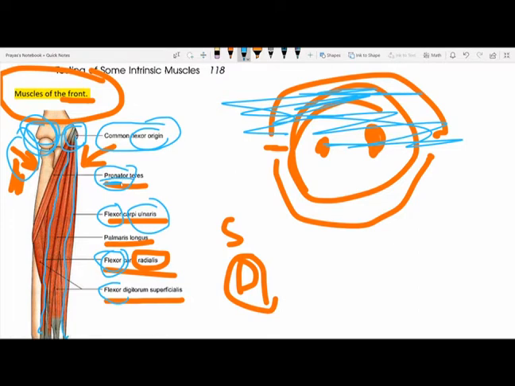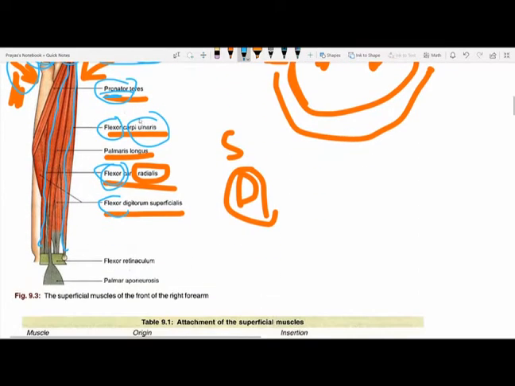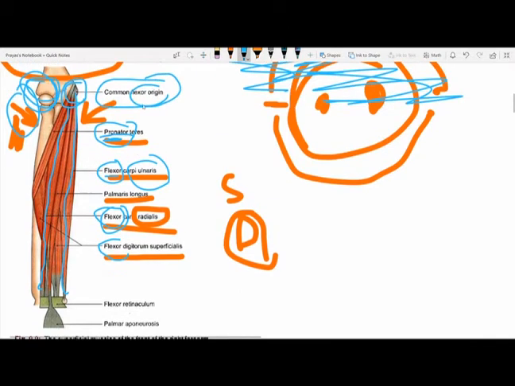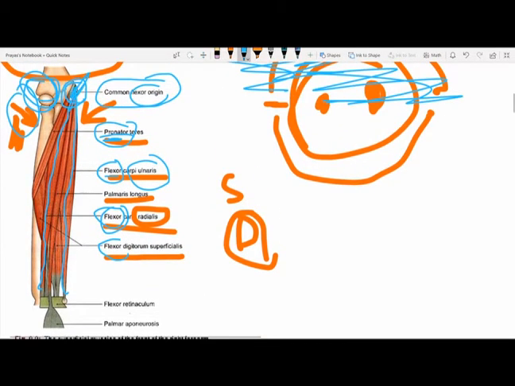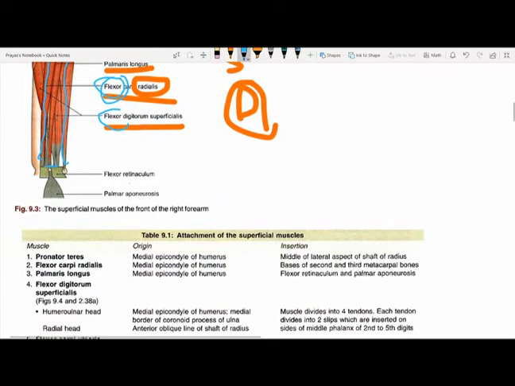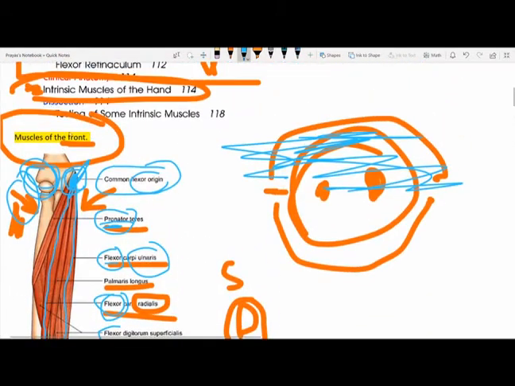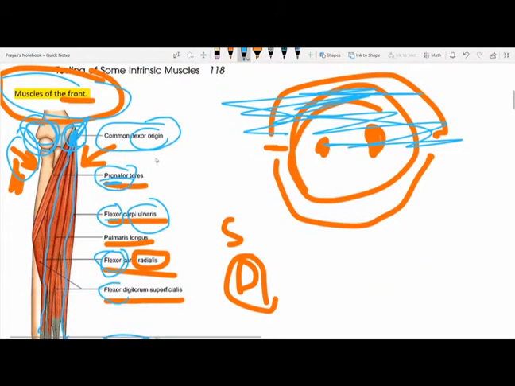Pronator teres helps to pronate, and the flexors help to flex the arm and particular fingers. Most of them originate here, and they terminate somewhere here at a place called the flexor retinaculum, which we'll come to later on. So these are the muscles in front of your forearm.